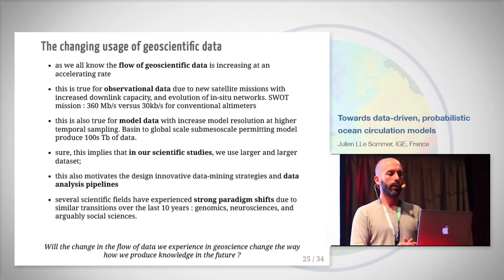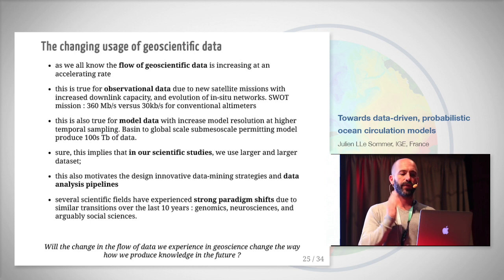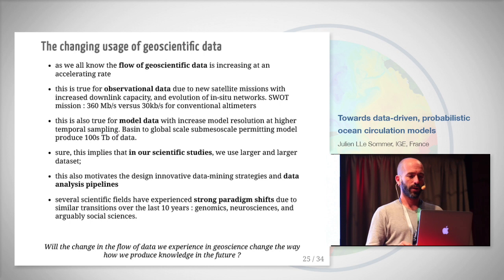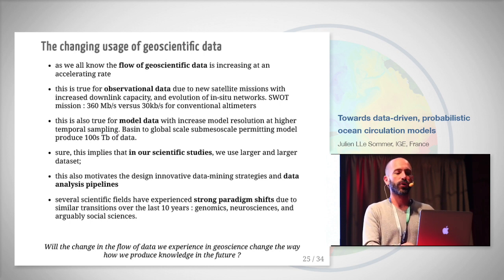Keep in mind that throughout the mission, the rate of downlink of data is 360 megabytes per second, to be compared with conventional altimetry, something like 30 kilobytes per second. So it's not one order of magnitude change that we're talking about here. It's 1, 2, 3, 4 orders of magnitude, right?